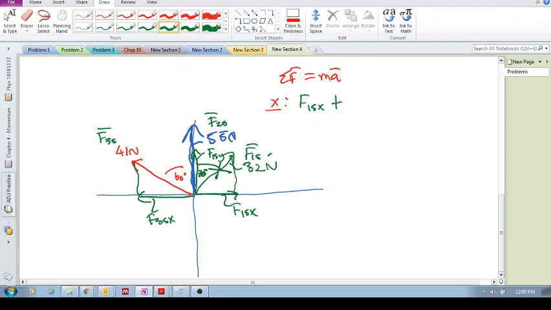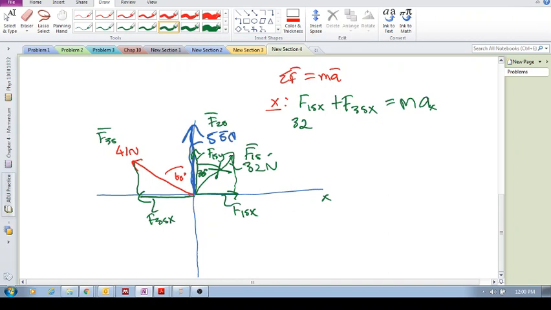Okay, so we've got only two components in the x direction, and this equals mass times acceleration in the x. Now what would this be? This is going to be 32. So we're looking for this component here.